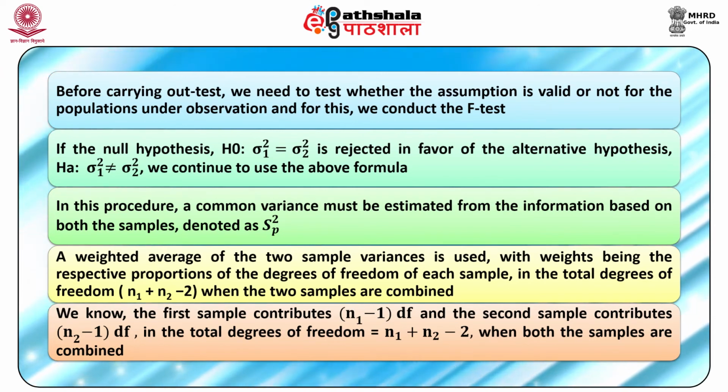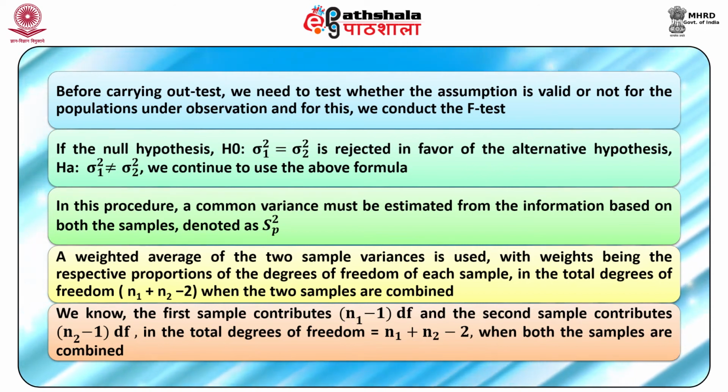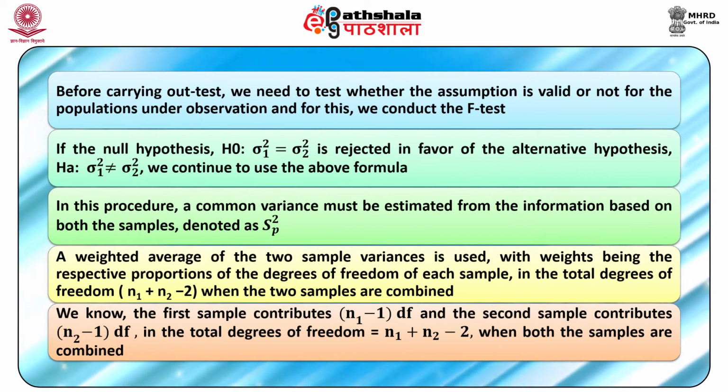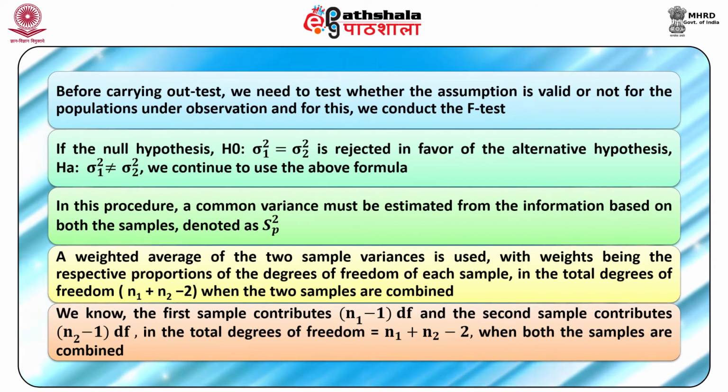The first sample contributes n1 − 1 degrees of freedom and the second contributes n2 − 1, so the total is n1 + n2 − 2.